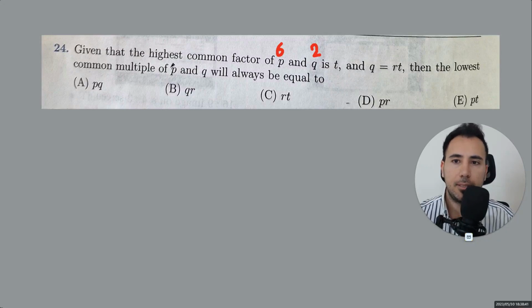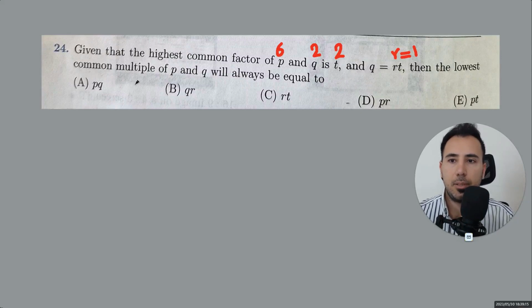The highest common factor of 6 and 2 is going to be 2 again. So now if T is 2, Q is also 2, then R will be 1.